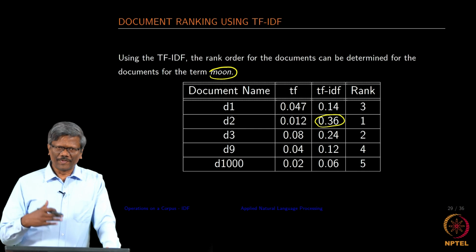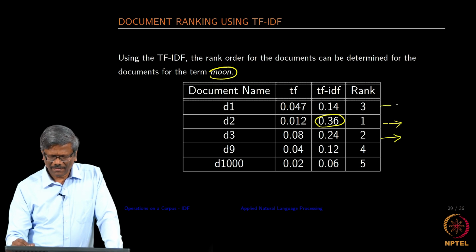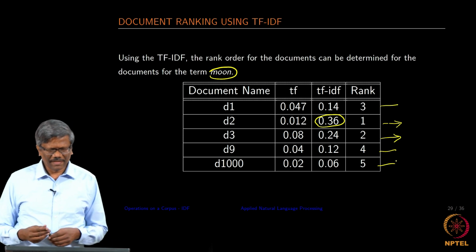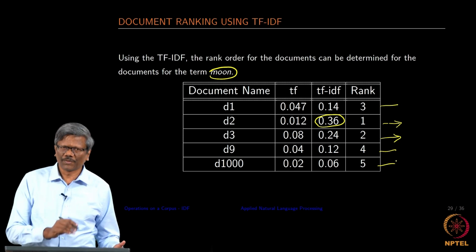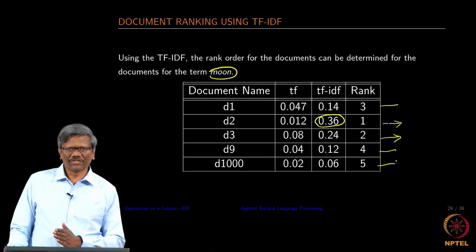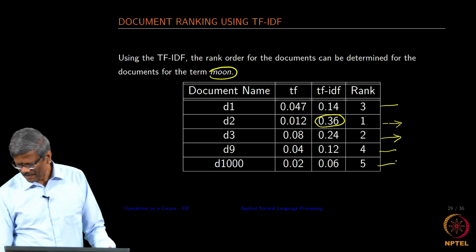So, when you display the results, you start displaying this as the first document, this as the second document, third, fourth and fifth and so on. Okay. So, using TF-IDF, it should be possible for you to rank the documents for a given word, and this rank is going to change if you change the word to something else. Okay.